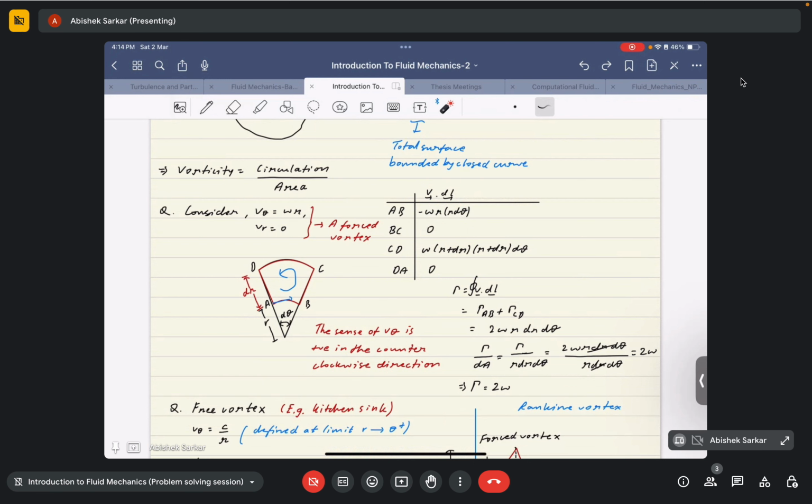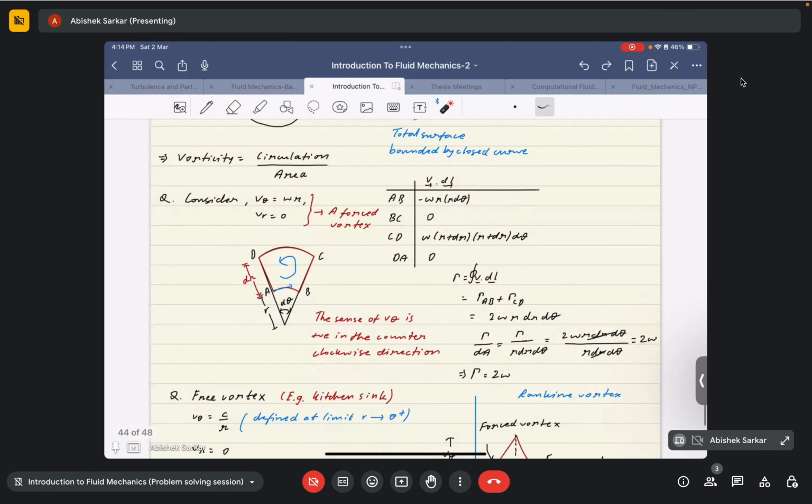So it's basically a 2D flow, and from its definition it represents a forced vortex. Why? Because the angular velocity component is proportional to r, and if it was proportional to the inverse of r, it would represent a free vortex, which we will see again.